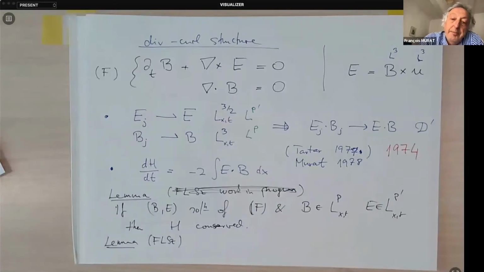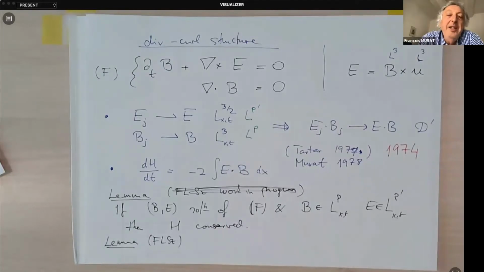The convergence of the energy, e.g., B_j goes to B, is okay if you have those convergences in the stationary case. Okay, I guess. I don't know.